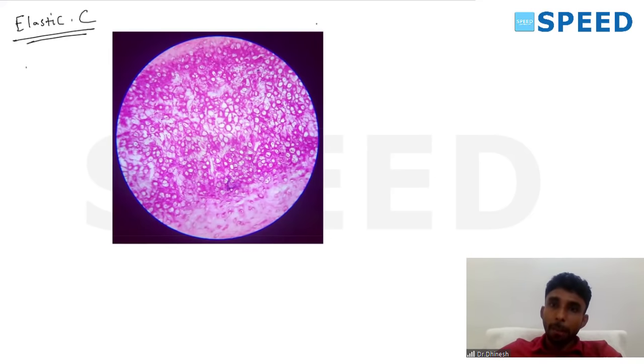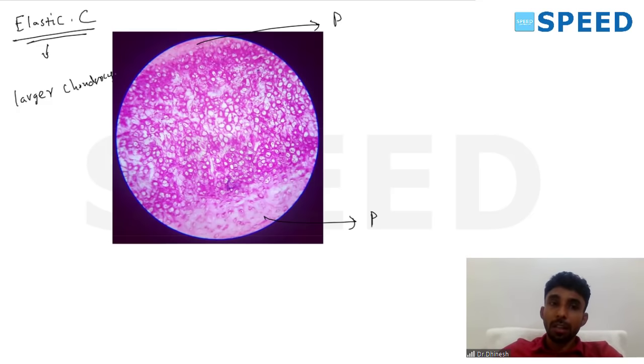Do you see the perichondrium here? Both sides, perichondrium, the outer covering. The elastic cartilage can be identified by the size of the chondrocytes. Compared to the chondrocytes of hyaline cartilage, the chondrocytes of elastic cartilage are larger.